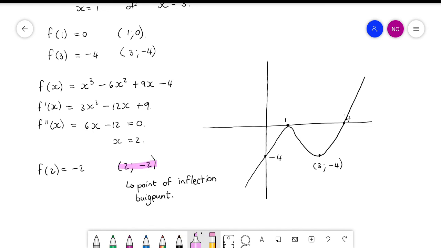Daai ene gaan oepsie. Daar wees, by 2 en minus 2. Pro tip, it will always be halfway between the two turning points. And you are allowed to use that pro tip.